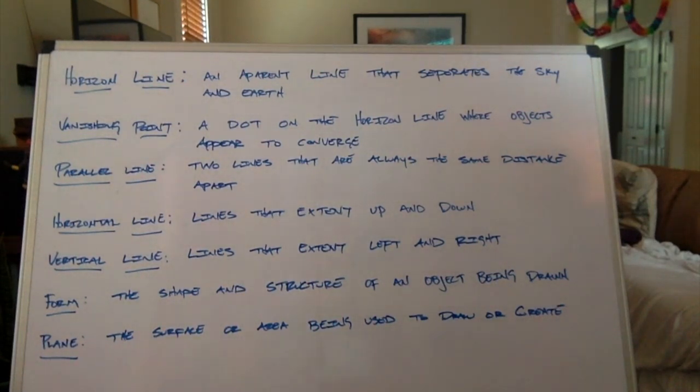Okay? So once again, we have horizon line, vanishing point, parallel line, horizontal line, vertical line, form, and plane. Now I'll give you about 20 or 30 seconds to look that over and read that and make any notes that you might want to.